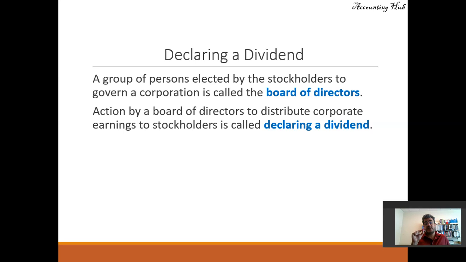And here is not the payment of the dividend. It is the declaration of a dividend. However, when I declare it, I am creating a liability because now instead of dividends, it is dividends payable. We will pay it. So when we declare, we say how much we will be paying and when we will be paying.